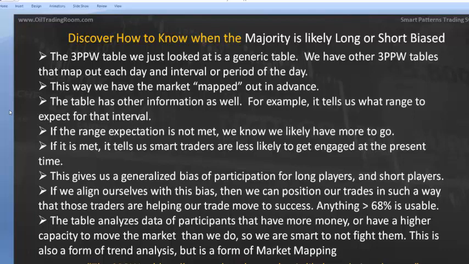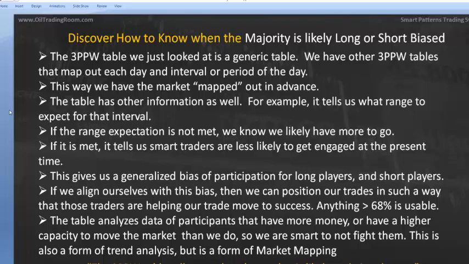I'd mentioned a little while ago the needle, and what we know there is that more players are likely to continue in that long direction in the example that we are talking about. So if we align ourselves with that bias and we can position our trades in such a way that those traders are helping or pushing our trade to success, that's a really, really good thing. And like I said, anything greater than about 68% on the table is usable.